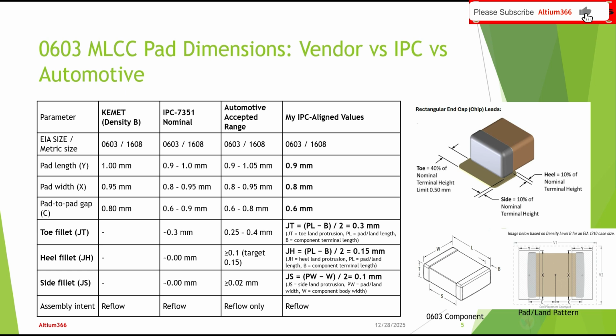These standards help engineers, PCB designers and manufacturers all follow the same rules, so electronics are reliable and easy to produce. IPC originally stood for Institute for Printed Circuits. Then the automotive accepted range: those who work in the automotive industry know that automotive accepts footprints with often slightly increased pad size for stronger solder joints, because automotive products go into harsh environments, like temperatures from -40 degrees to 150 degrees.